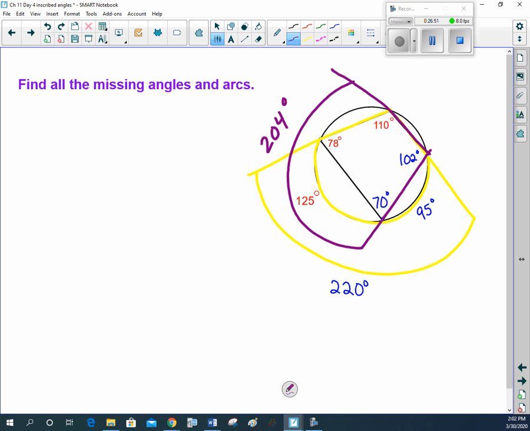I know 125, so I'm going to do the 204 minus 125. So my missing piece is 79 right here. So this arc measure is 79. And then all the way around a circle, remember, is 360. I could do another intercepted arc if I wanted, but I think I'll just go 360 minus 79 minus 125 minus 95. And that gives me my last missing arc, which is 61 degrees.